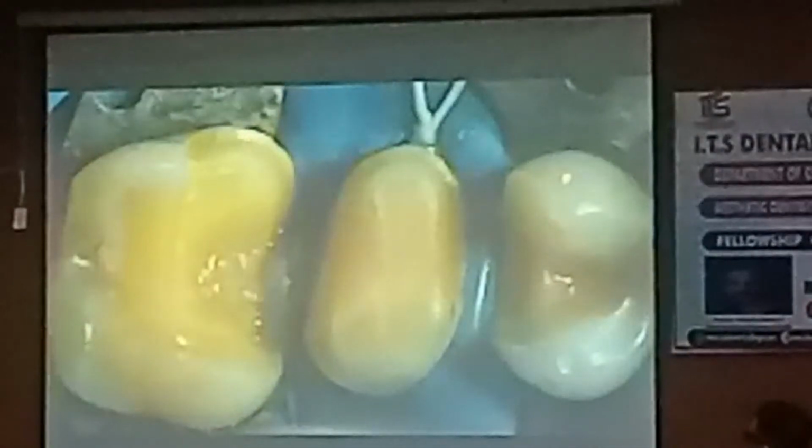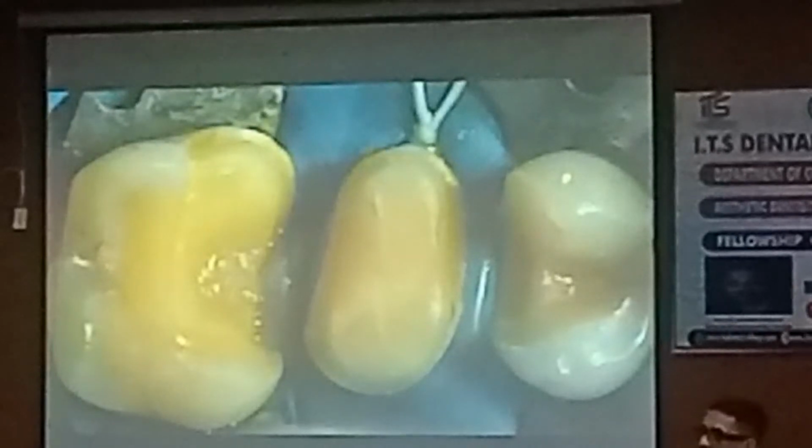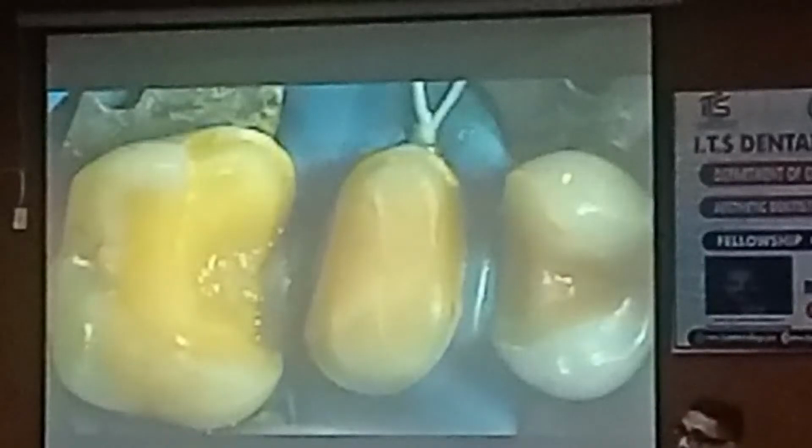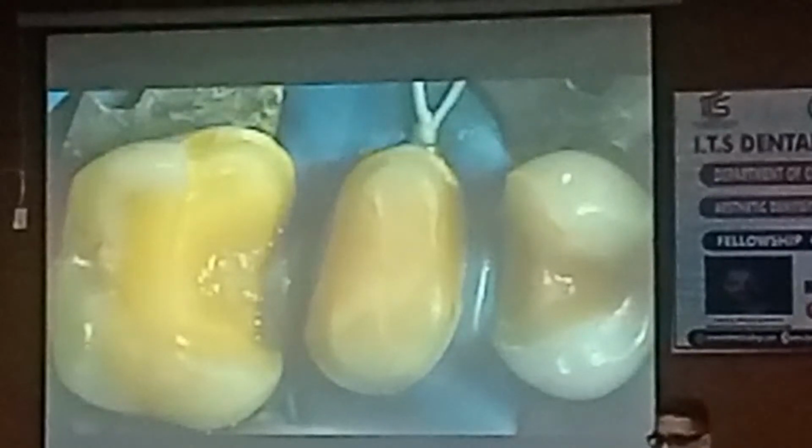Now when you look at the molar, one cusp only is prepped, the rest is left. So which means this amount of tooth is still there. And if you see, this crossing ridge is still maintained. I have not taken off the crossing ridges. So always maintain your crossing ridges and your sub-crossing ridges, which are called your Rayleigh's ridge.